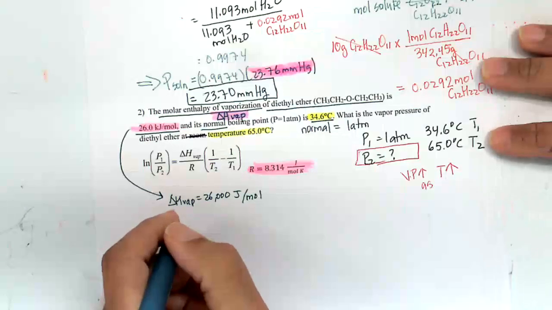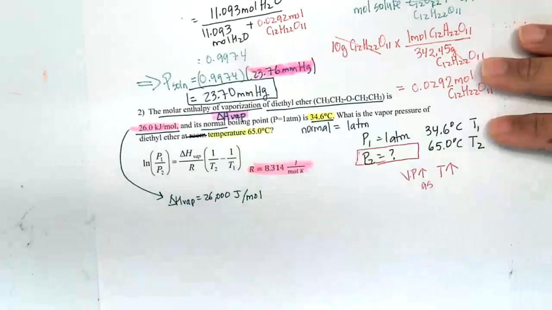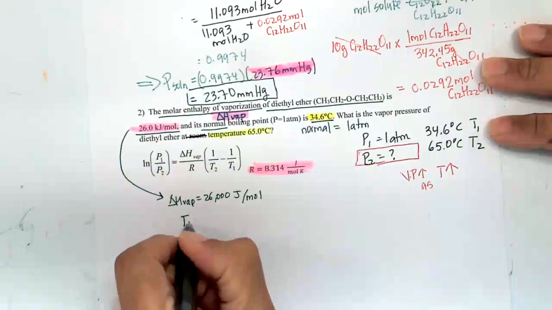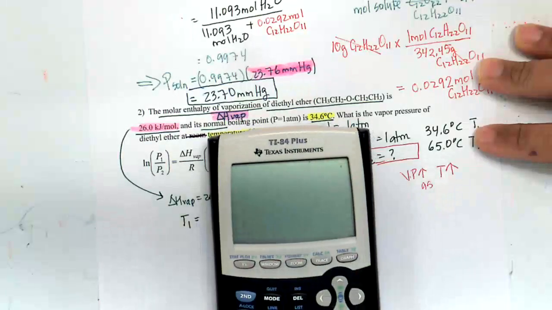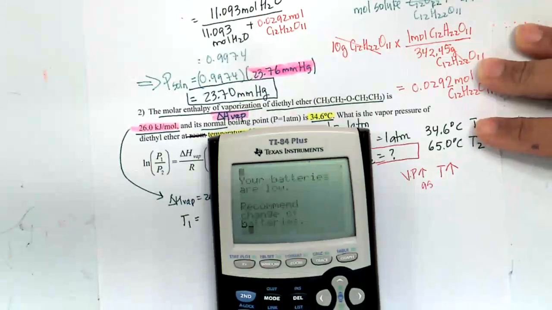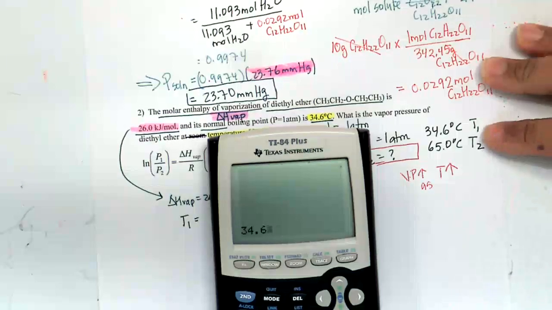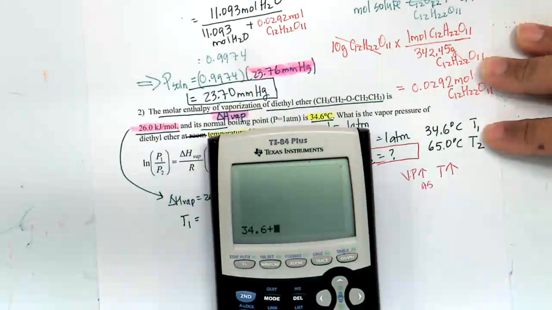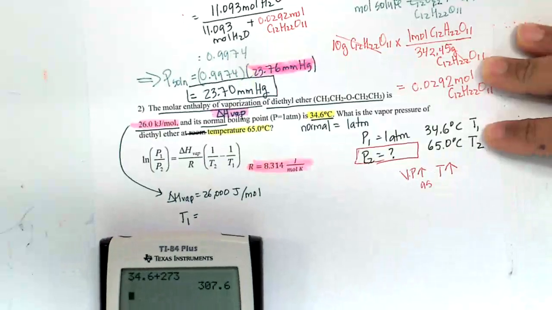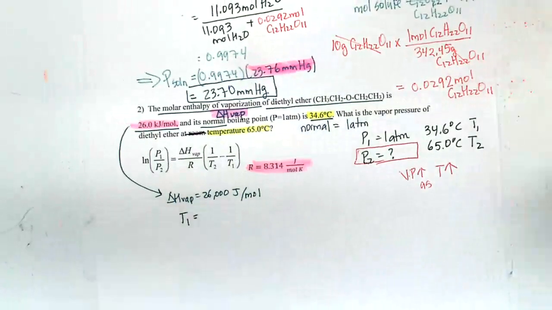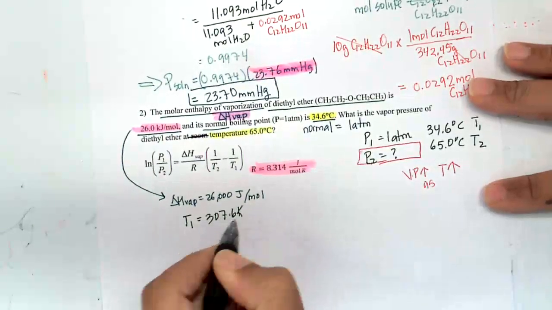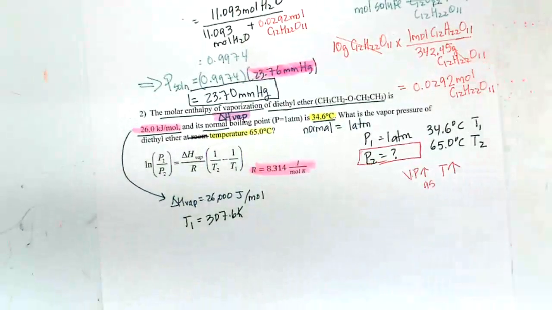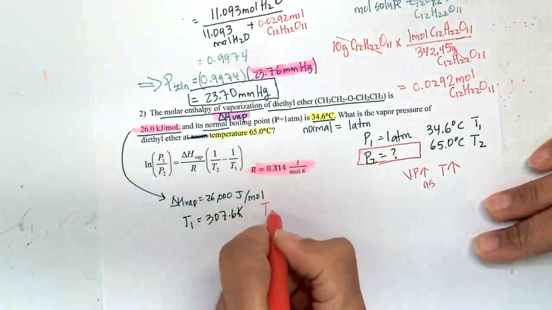And then we want to convert the temperatures to Kelvin, so T1 is going to be, how do you convert that to Kelvin? Add 273. So 307.6. Okay, let's do T2 in red ink.